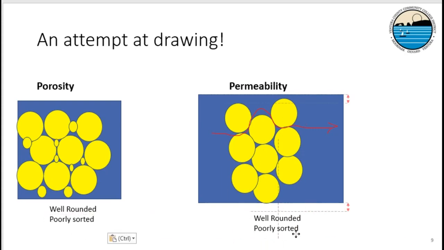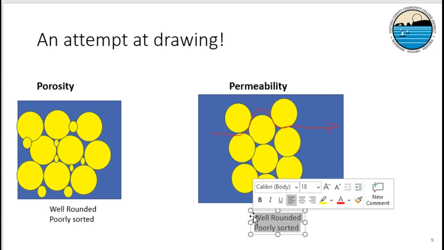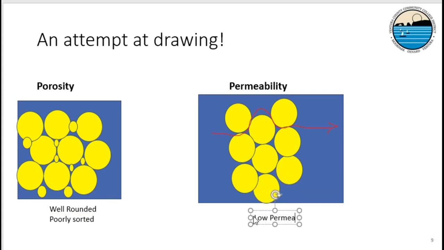So as the image is represented here, this is low permeability. And that's because these grains are being crammed together. It doesn't have an easy path to flow. Now, how I've drawn this, you can see that actually flow might be a little bit easier in one direction than the other.